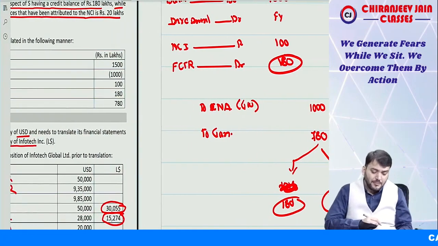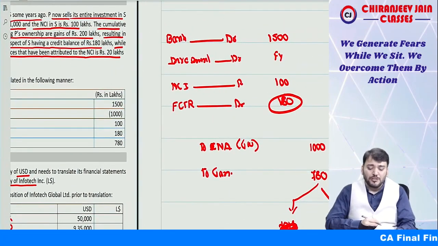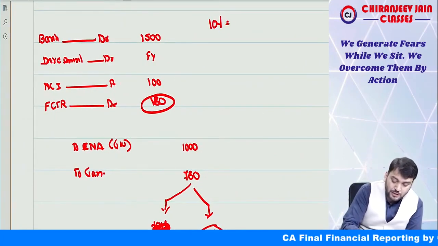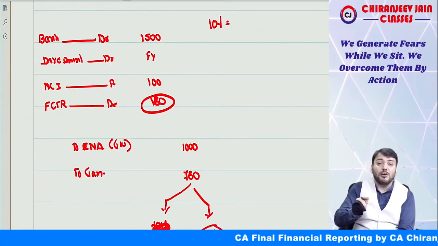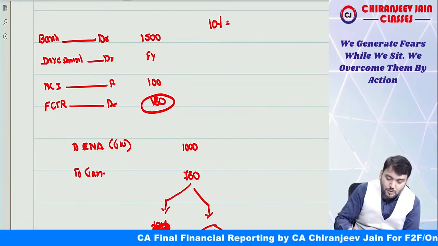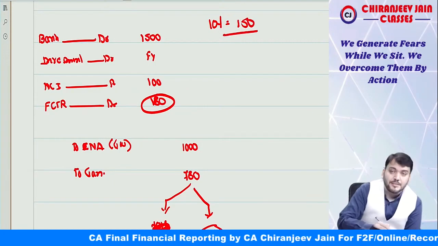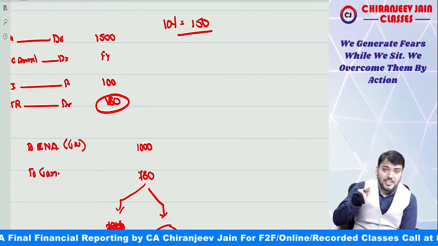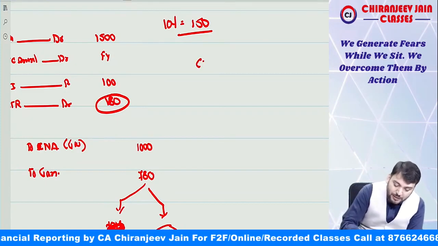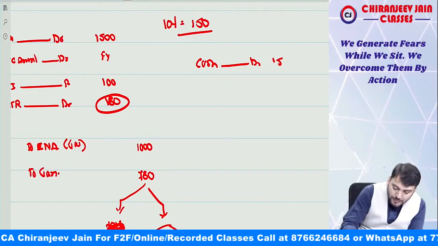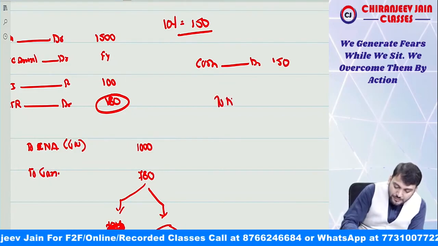Yes, sir. Now suppose in this question, instead of 90%, only 10% was sold, at rupees 150. So it is a partial disposal without loss of control. We need to change the proportion of NCI. What journal entry will we do? Cash account debit 150, to NCI.